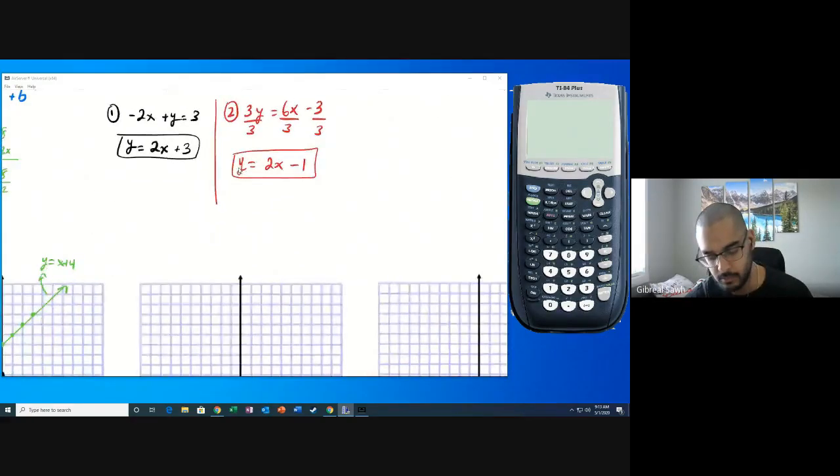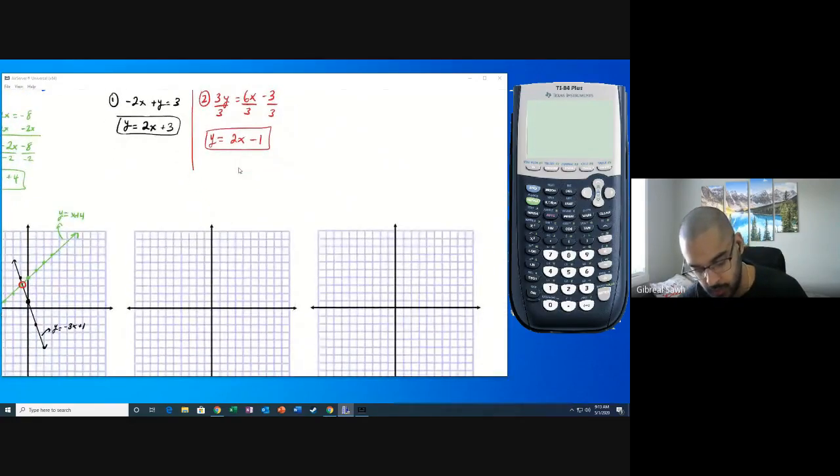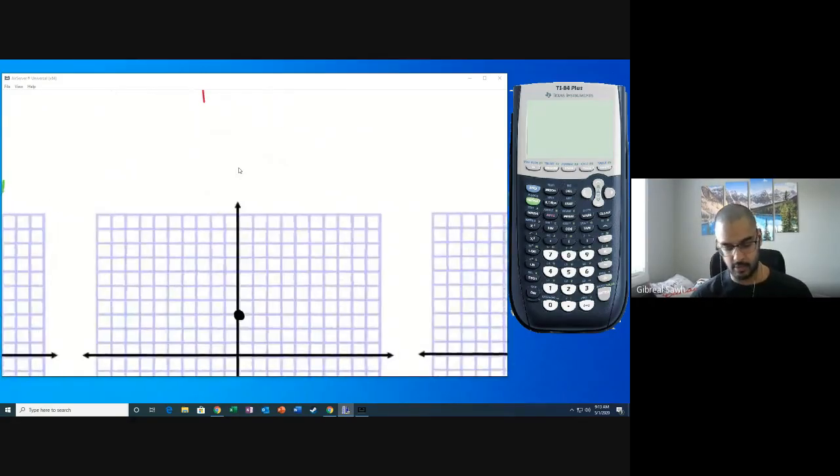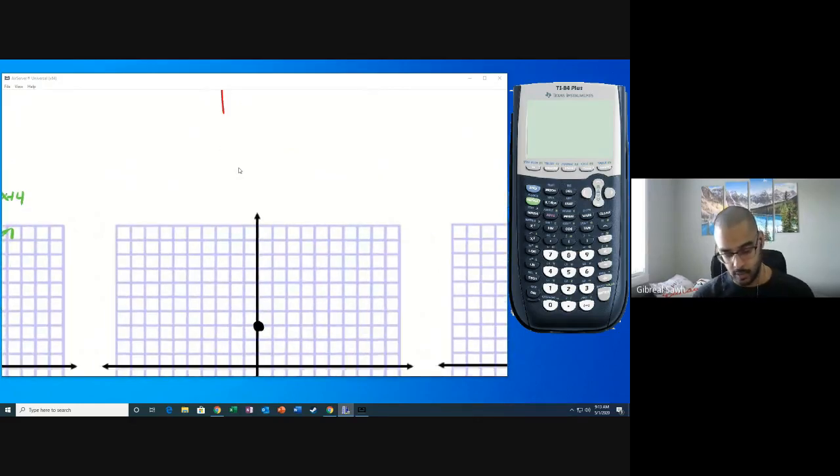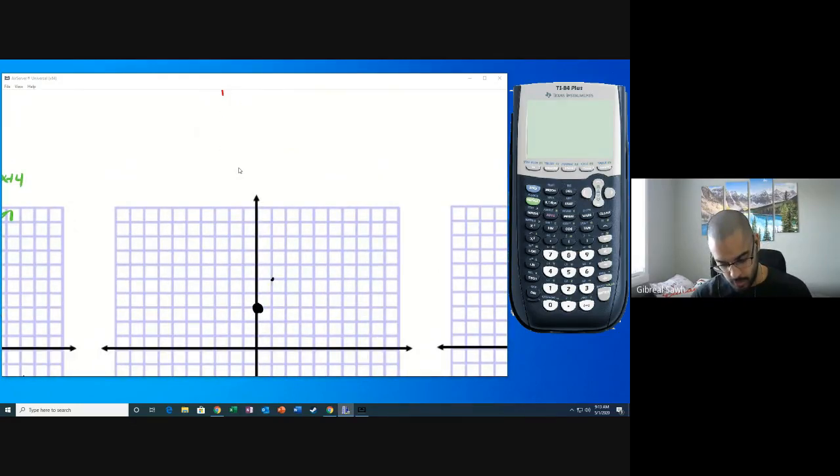Okay. We'll go graph those as well. So for the black one, my y-intercept is 3. So 1, 2, and 3 is where we're going to start. My slope is 2. So we're going to go up 2 units, right 1. Up 2, right 1. Okay, there's my line.